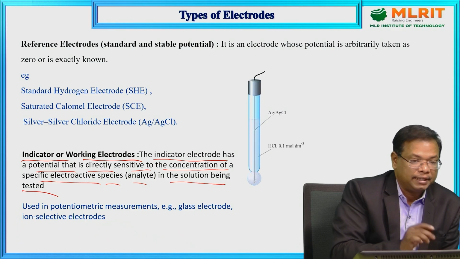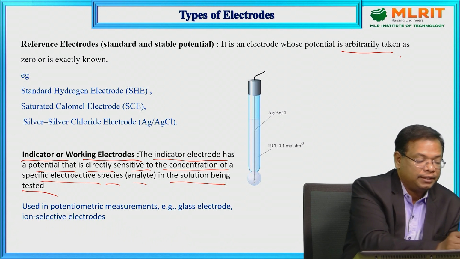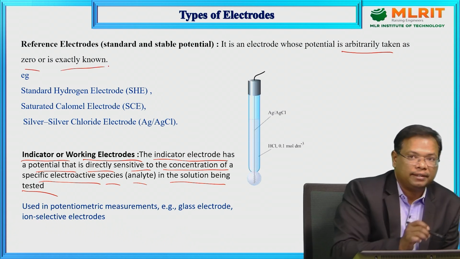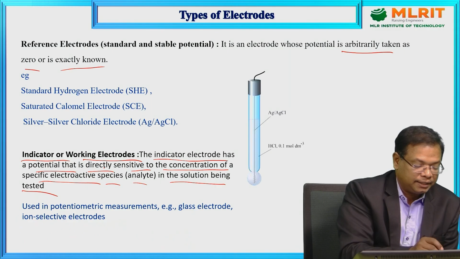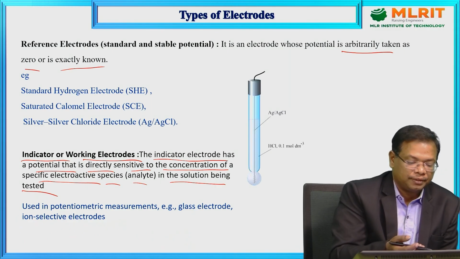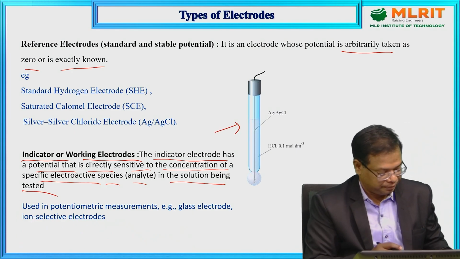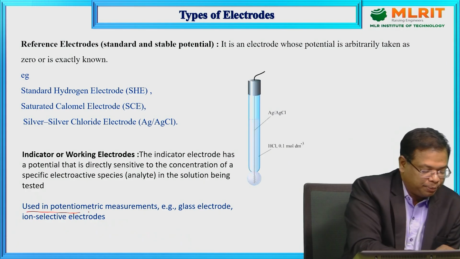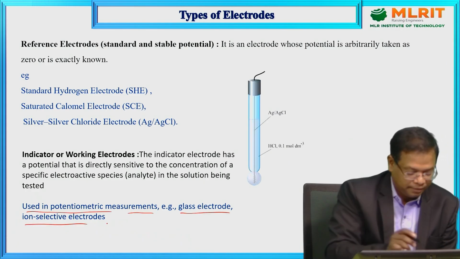What is the indicator? What is the reference electrode? What is the standard electrode? We have to know. The standard electrode is always taken as arbitrarily 0 and is exactly known. And the indicator or working electrode tests whatever solution you have taken, with reference to the standard electrode. These are used in potentiometric measurements, for example the glass electrode and ion selective electrodes.